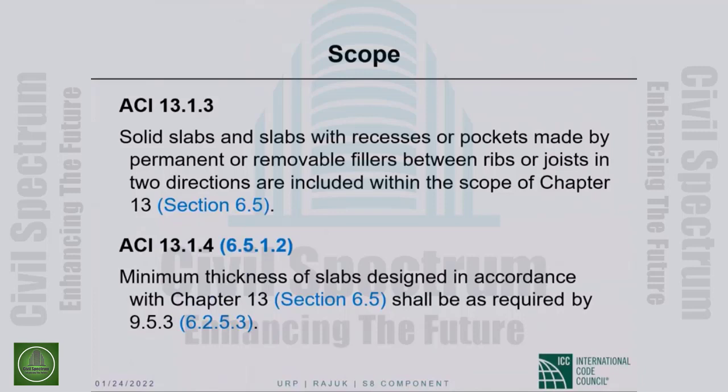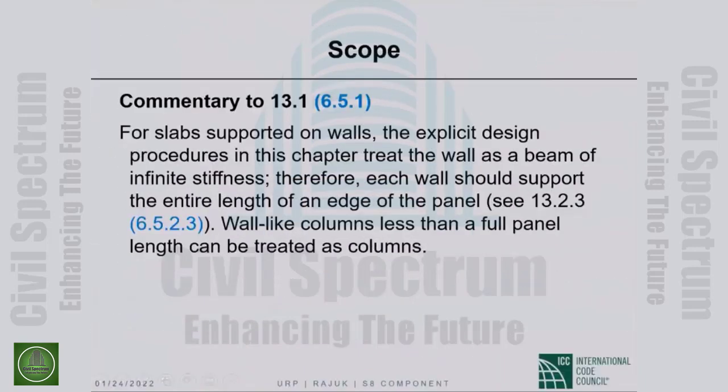So those pockets and fillers are not uncommon, and that does not remove the slabs from the scope of Chapter 13. Minimum thickness of slabs are given actually in Chapter 9, and we have discussed some of it, and we will rediscuss some of it. For slabs supported on walls rather than beams, the explicit design procedures in this chapter treat the wall as a beam of infinite stiffness.